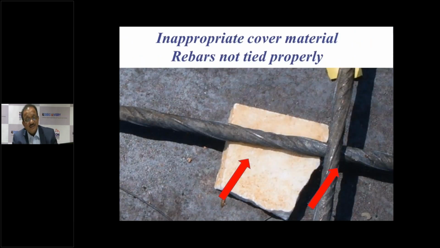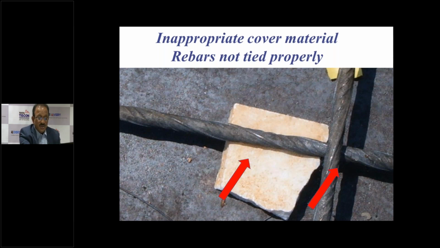If you go to interiors in small towns, it is very common that they will put some chip of the stone as a cover block, which has no stability. When people move on the steel bars while concrete is being placed, this will just get displaced, and the steel will directly come in contact with the steel shuttering plate which is down there. So this concrete will have practically zero cover the moment this gets displaced.